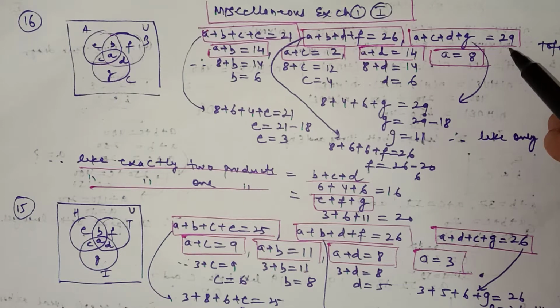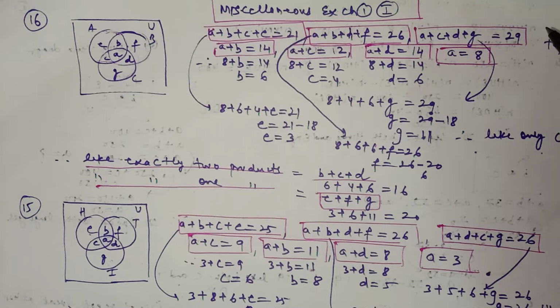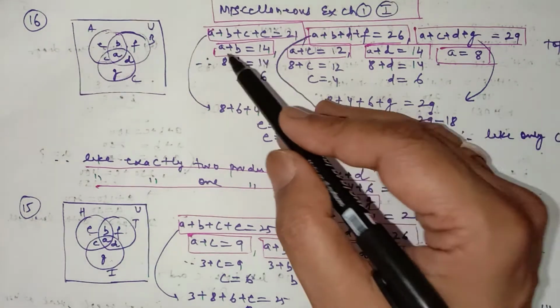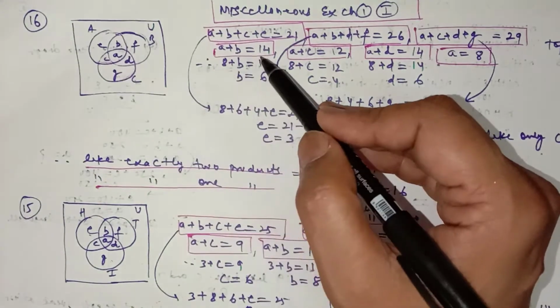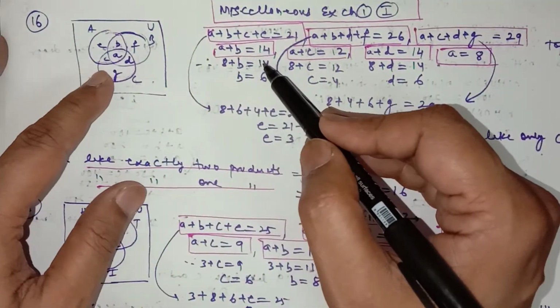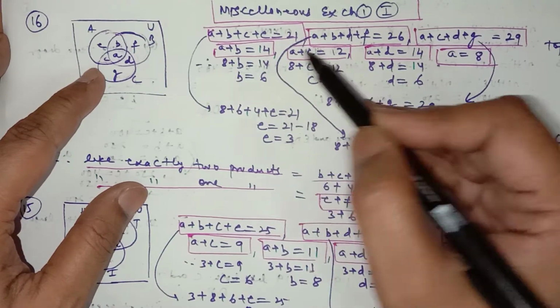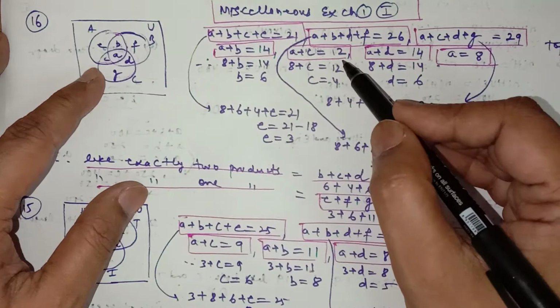After that, it is given that the number of persons who like products A and B is 14, that is A plus B equals 14. The number who like products A and C is 12, that is A plus C equals 12.